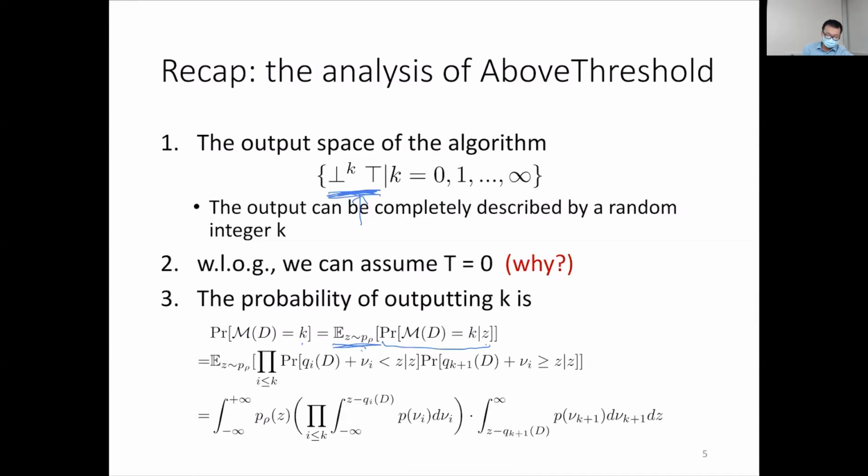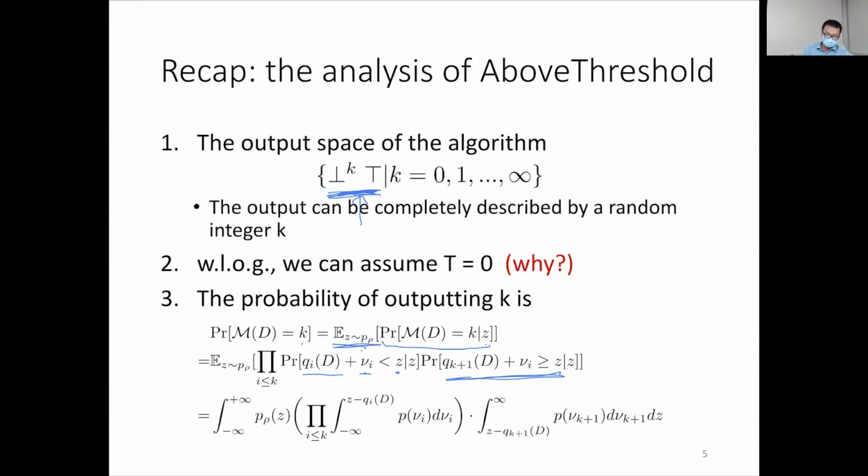And this is really that for all the i's that are smaller than or equal to k, the noise is not sufficiently large such that this query plus the noise is above the noisy threshold. So notice that this is 0 plus Z, this is the noisy threshold, so this basically checks the condition of the algorithm. And the second term, the last one, happens to be above threshold, right?